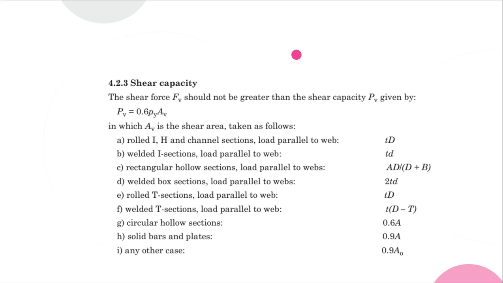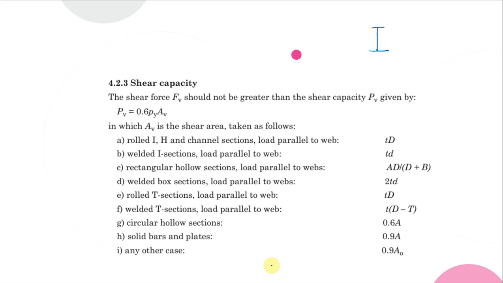Because we are talking about I section beams, you have rolled I, H and channel sections, load parallel to web, or welded I section, rectangular hollow section, welded box section. So you have a lot of types of sections actually. If you look at the table I showed earlier, there are many types. We just cover I section only.